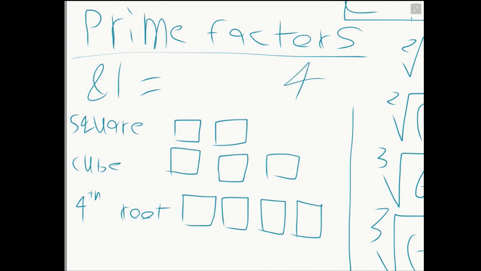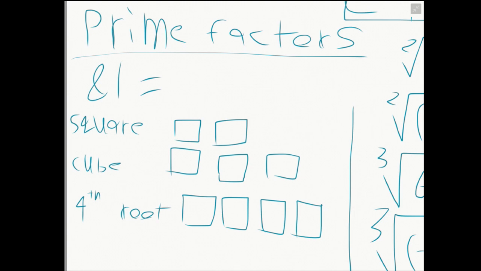The number 4 is 1 times 4, but it can also be 2 times 2, right? So this is a composite number, it is not a prime number. And for prime factorization, we need only prime numbers. So, in other words, we need 81 to be the product of prime numbers, only prime numbers.